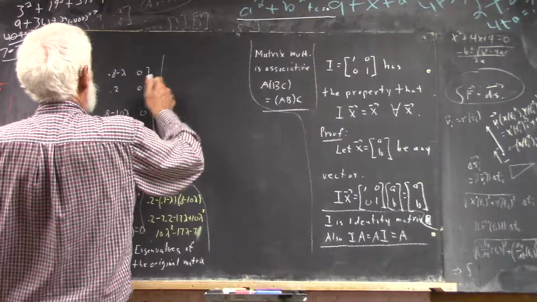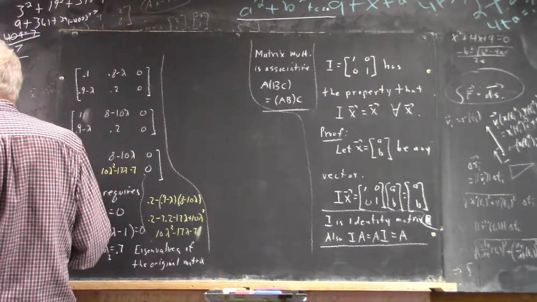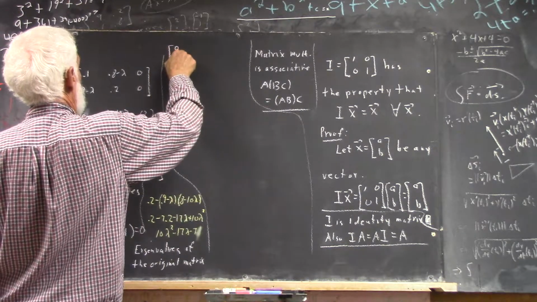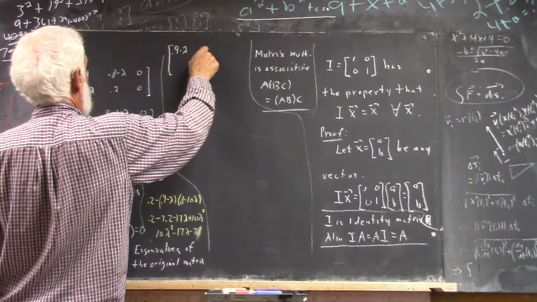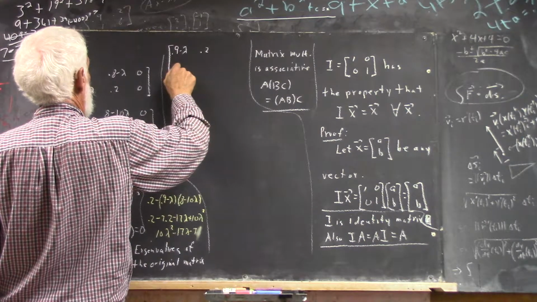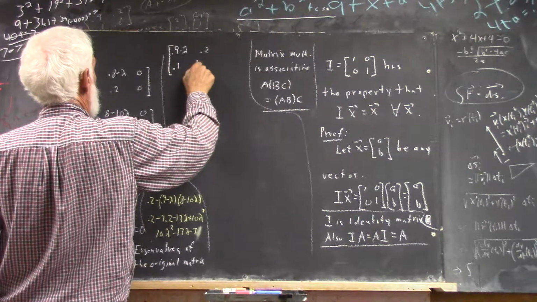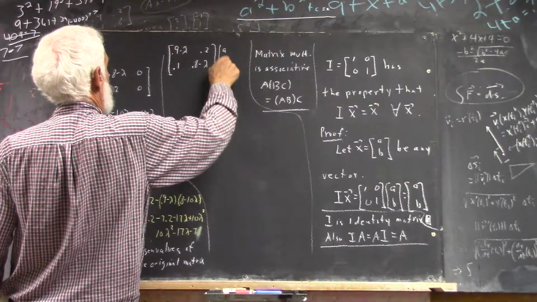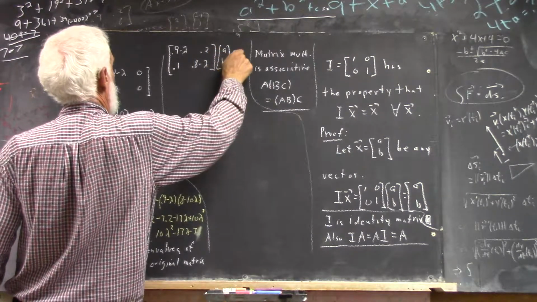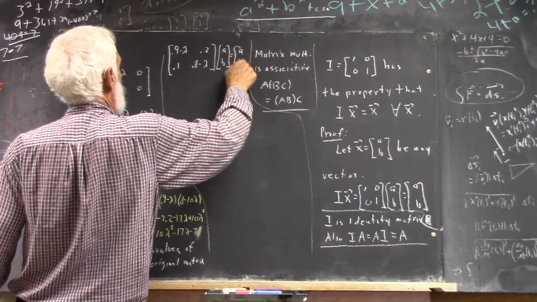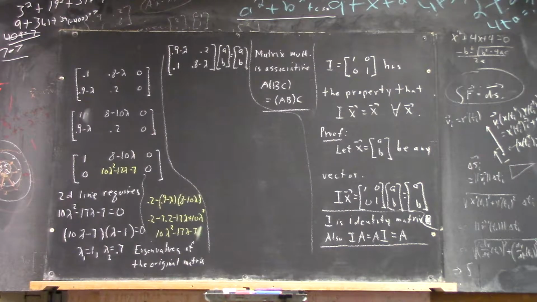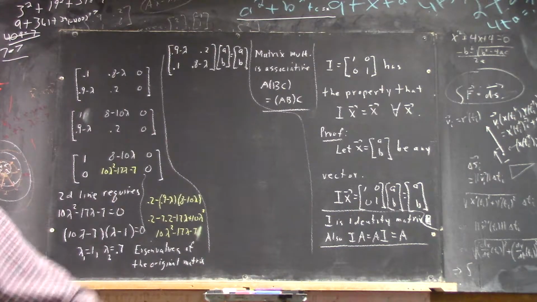Okay, so I'm going to have to write it down again. 0.9 minus lambda, 0.2, 0.1, 0.8 minus lambda, times the AB vector equals the AB vector.